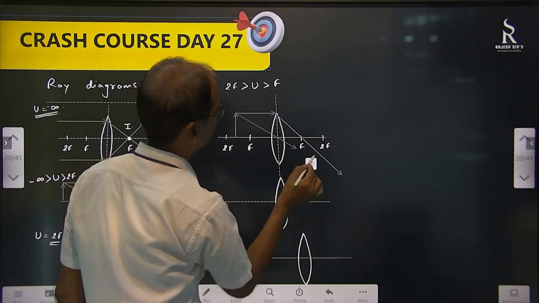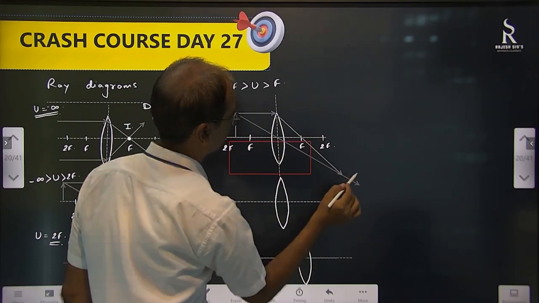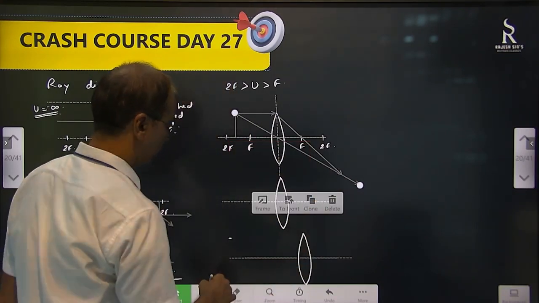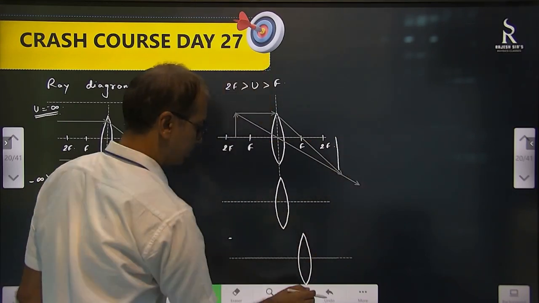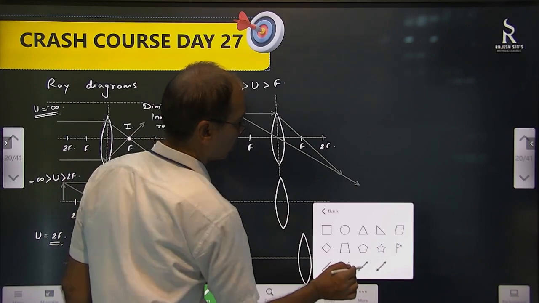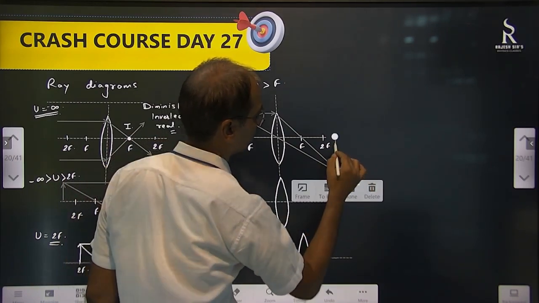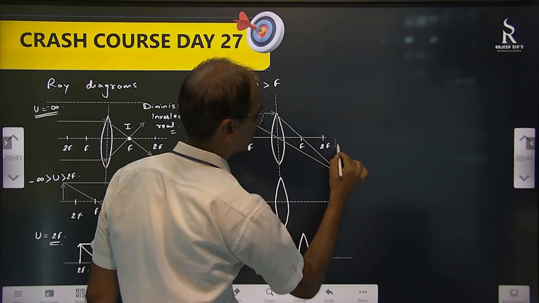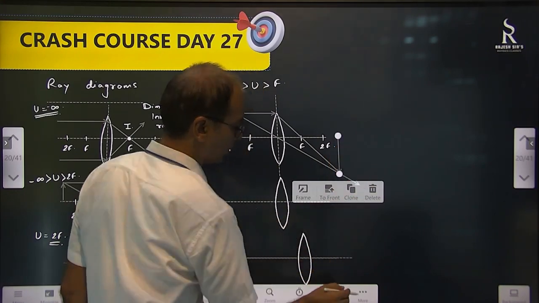So we take it from the pole. Where are they meeting? Here, like this. Okay. So the image is forming here. This is the image. Like this the image is forming.